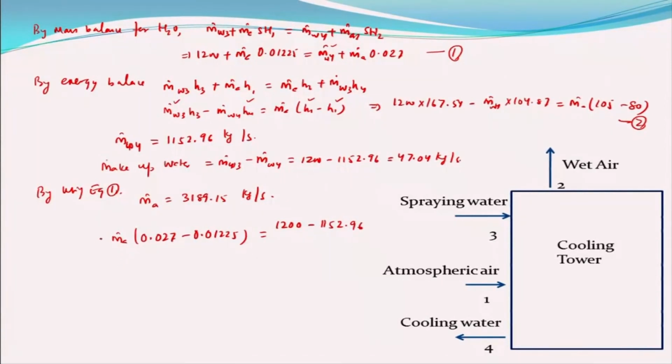So therefore we can get from here very easily 3189 kg per second. By this way, you can solve how much air is entering this cooling tower, and what is the makeup water one has to provide.